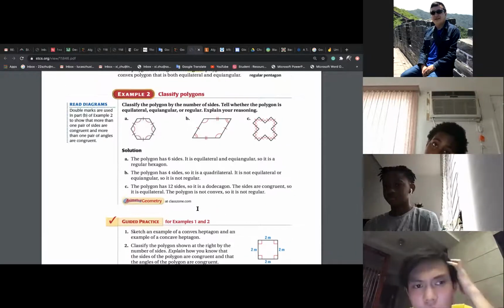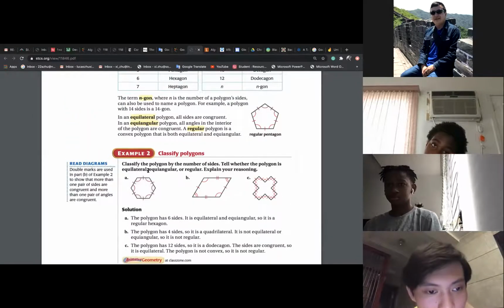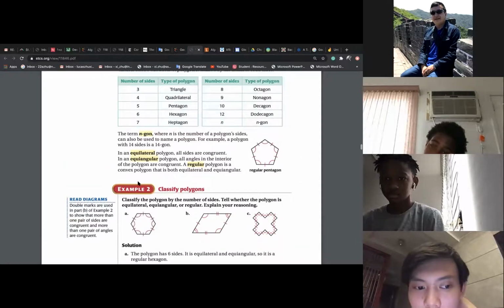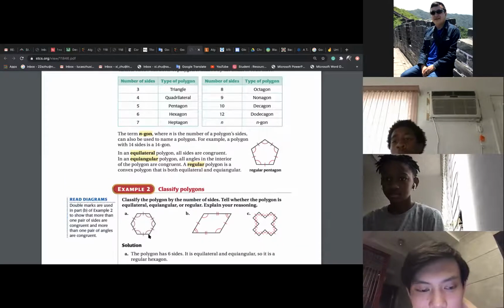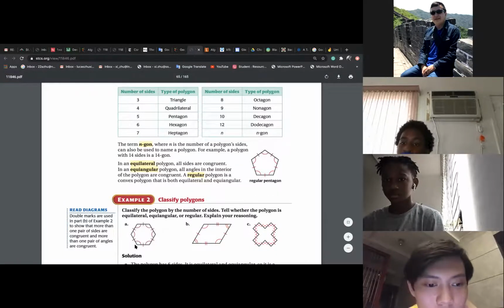So let's try to classify the polygon. Remember, you have to count how many sides they have, so you can tell what the name for that is.